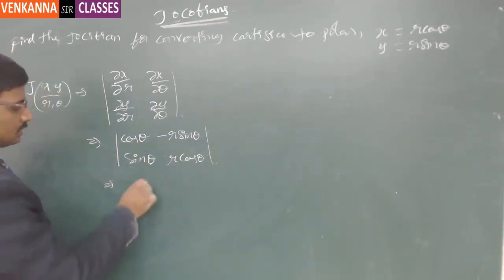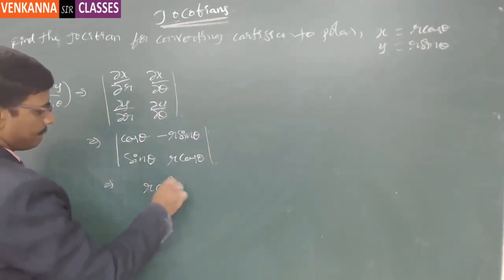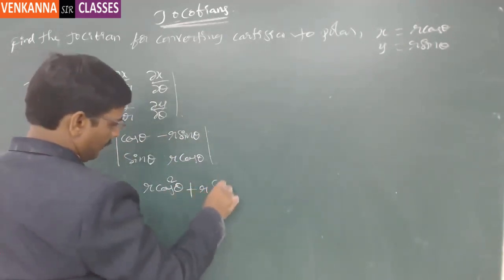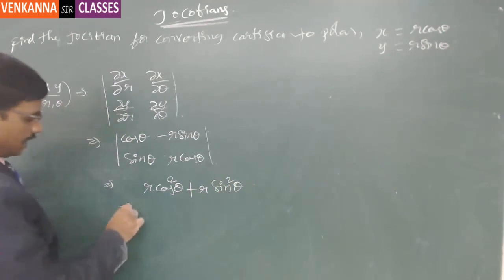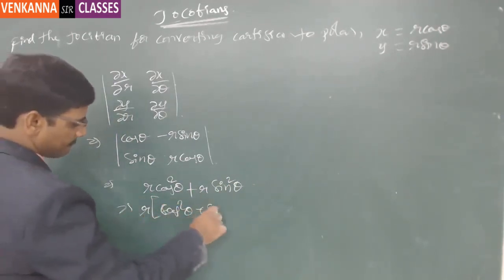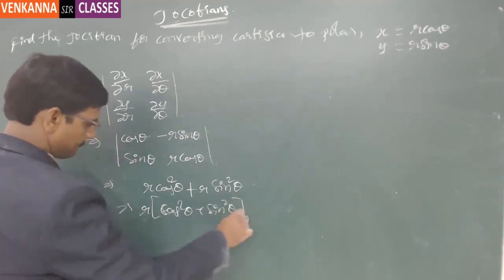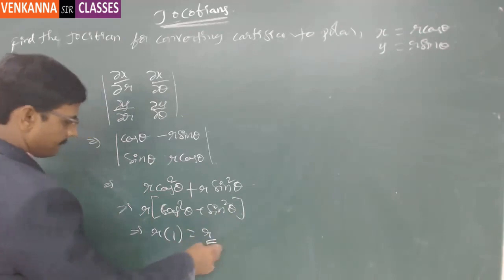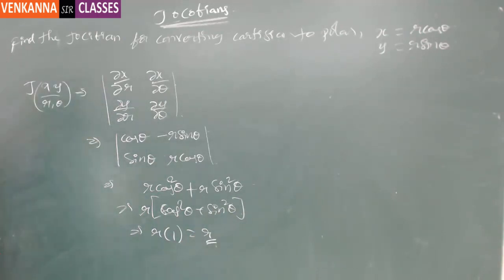So r cos square theta minus of minus, plus r sin square theta. So this is r times cos square theta plus sin square theta. This is r into 1, which is equal to r. This is how you will find the Jacobian. Got it?